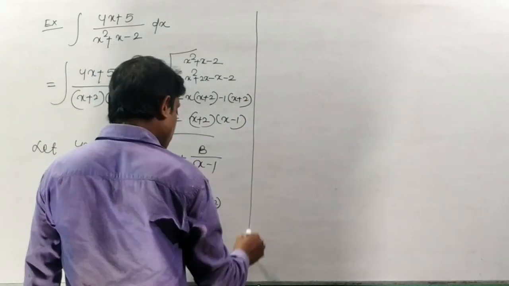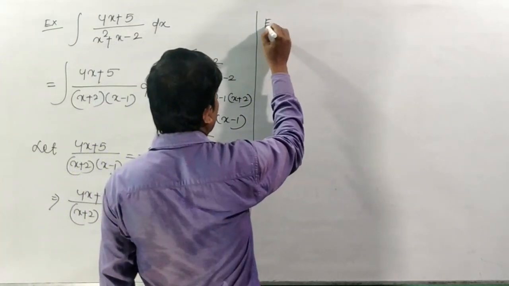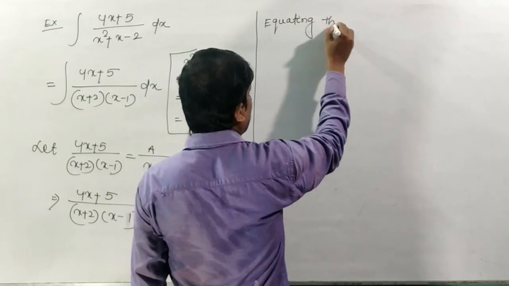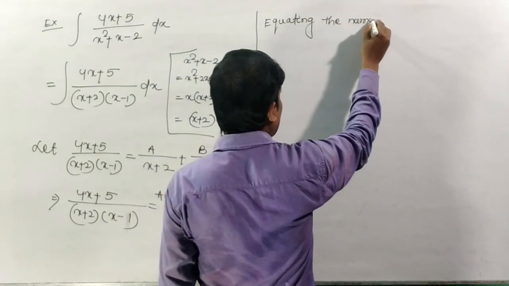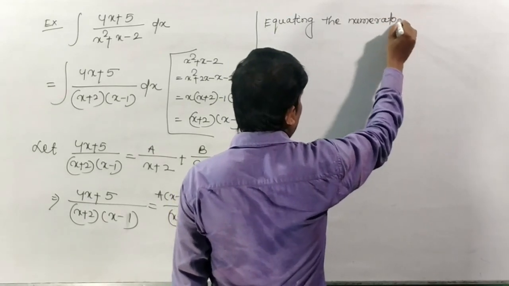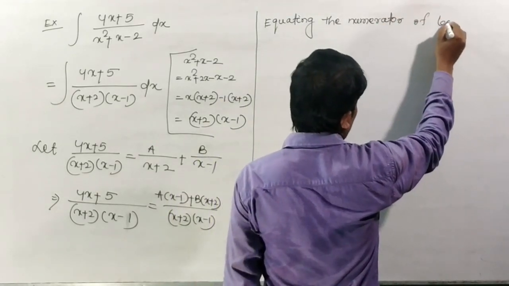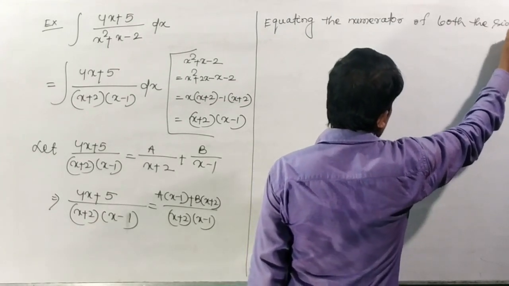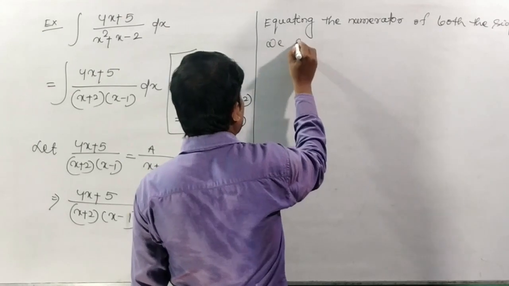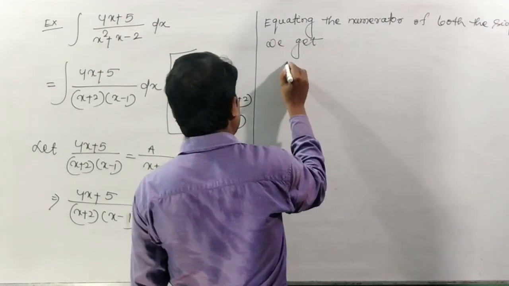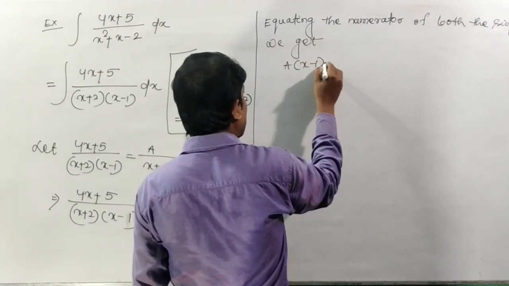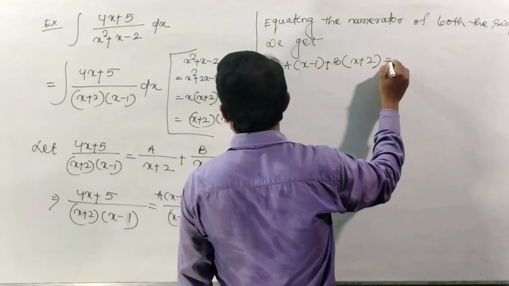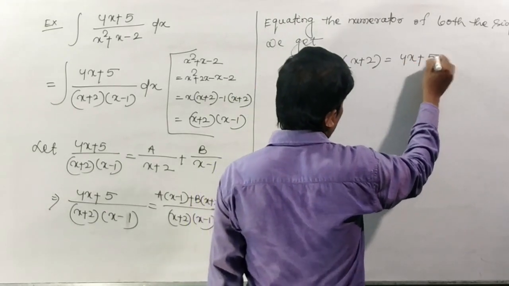Then, equating the numerators of both the sides, we get a into x minus 1 plus b into x plus 2 is your 4x plus 5.